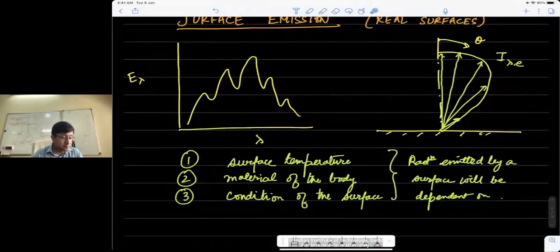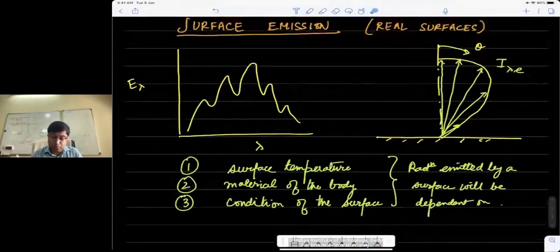It is not an easy process. So what is typically done is we always look at emission with reference to some kind of ideal body, or we look at what is the maximum amount of radiation that a body can emit.